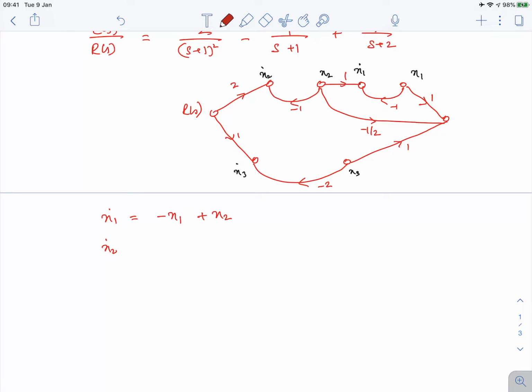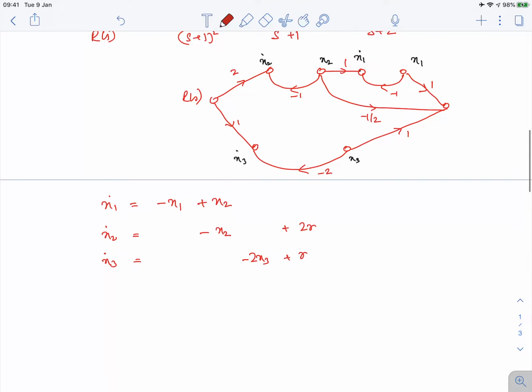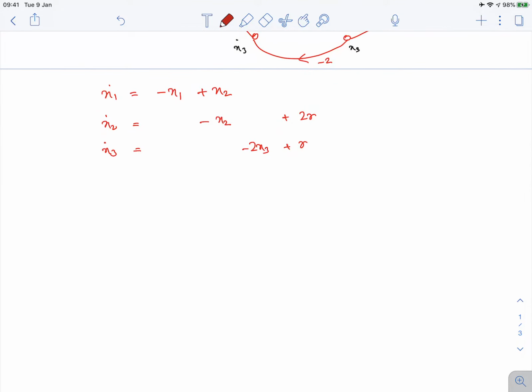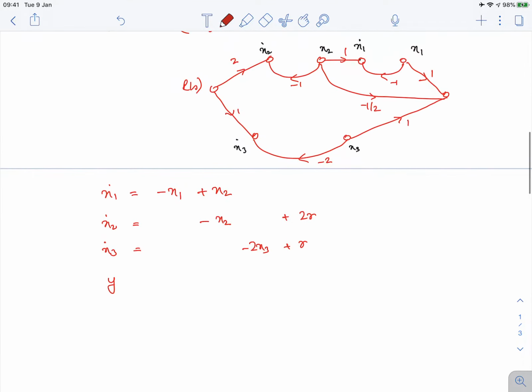Now writing for x2 dot, I would obtain minus of x2 and plus of 2r. x3 dot as minus of 2x3 plus r, and finally y, this is my c of s, y which is equal to my c of t would be x1 minus 1 by 2 x2 plus x3.